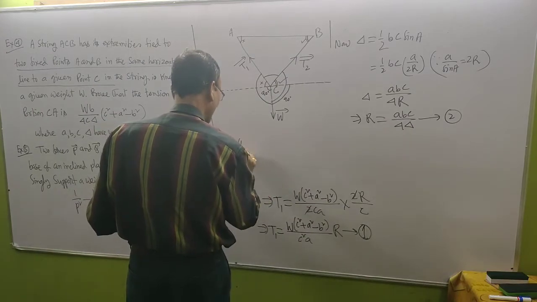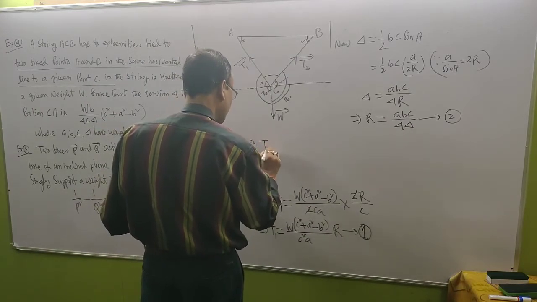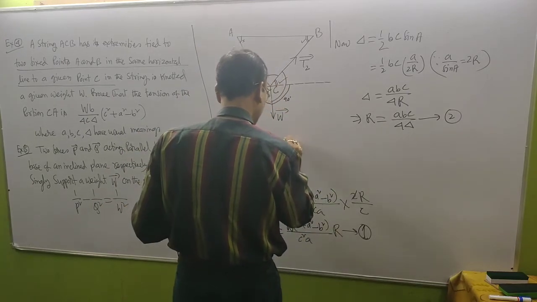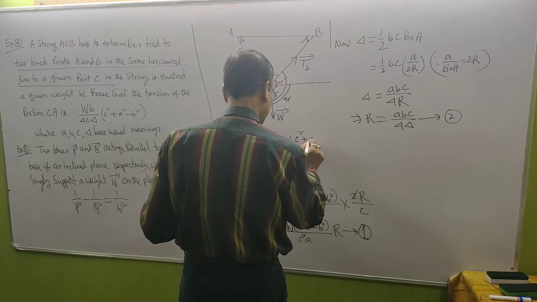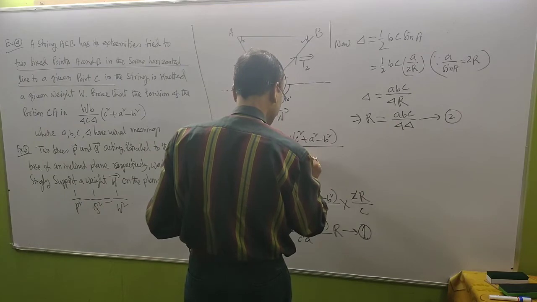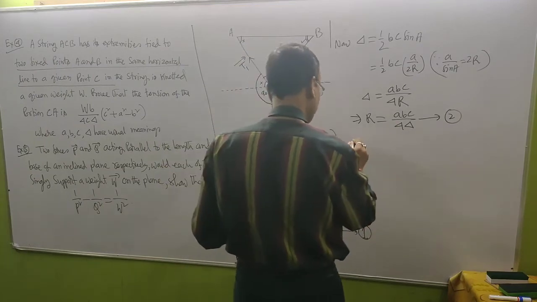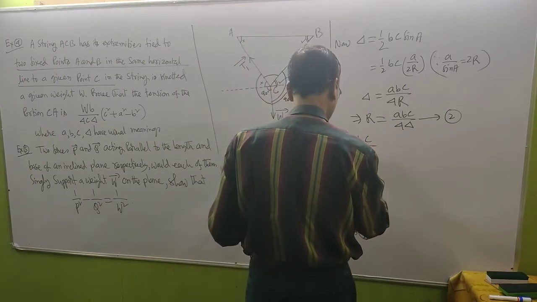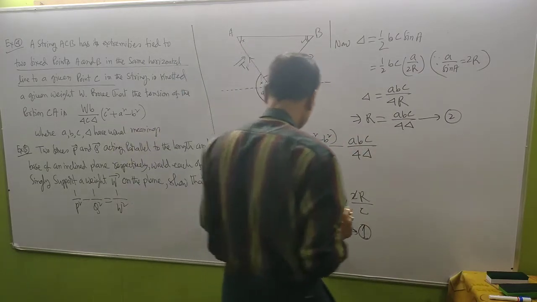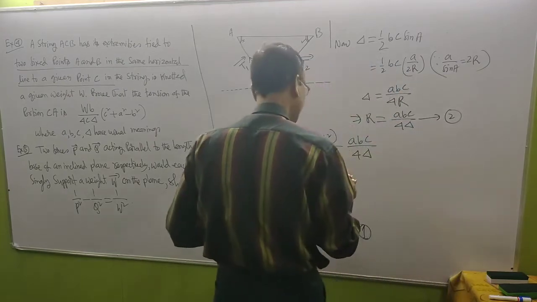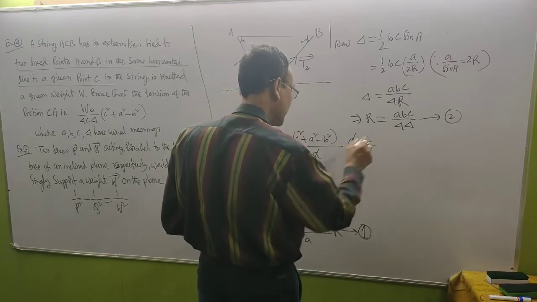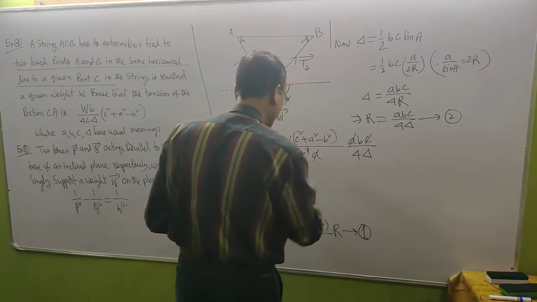Therefore, from 1 you will get tan(A/2) equals (c square plus a square minus b square) divided by c square a. R means abc divided by 4 times delta. This means a will be cancelled, c will be cancelled.